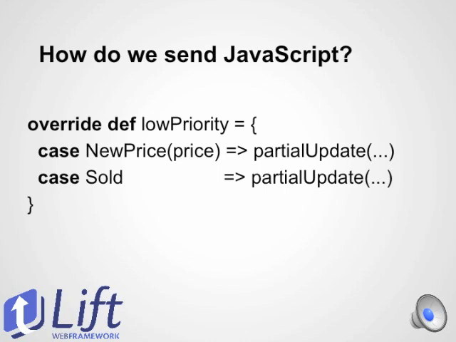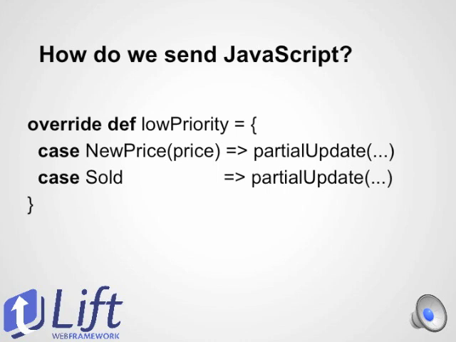I do this all the time. I use Firebug, the plugin for Firefox, and from the console I just start typing the JavaScript I want to execute, and once I get it right, I know exactly that it's going to modify the page the way I expected. That's when I just copy and paste that JavaScript to my Scala code, to the Comet actor, and then I know that it's going to work the way I expected.